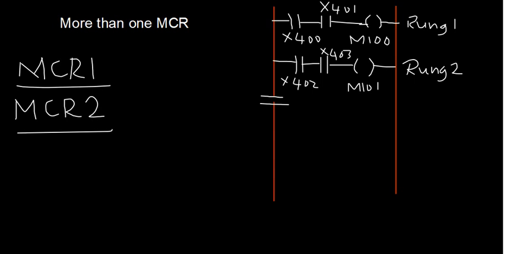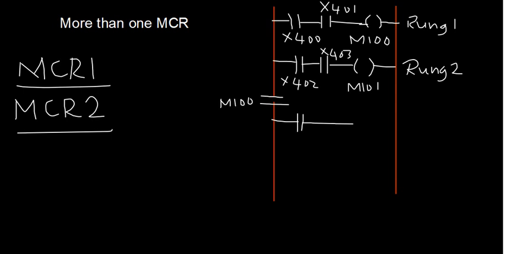Let me write this as M100. So immediately after M101, my contact M100 is coming, and followed by that, let me have one more rung and one more output here.